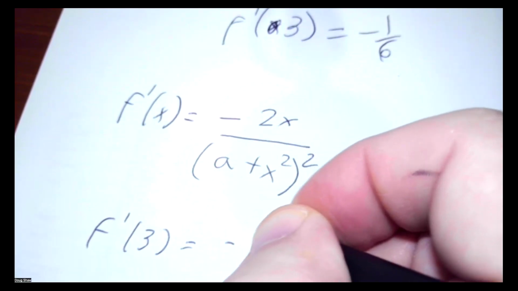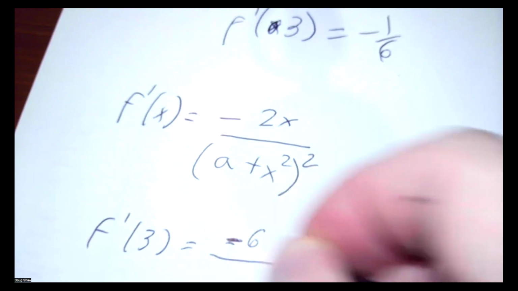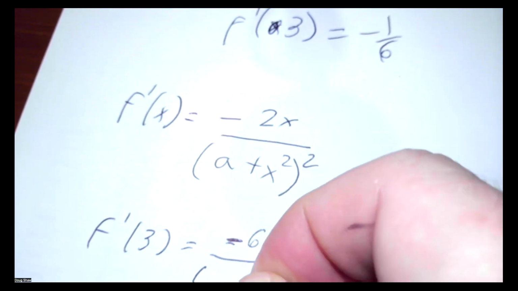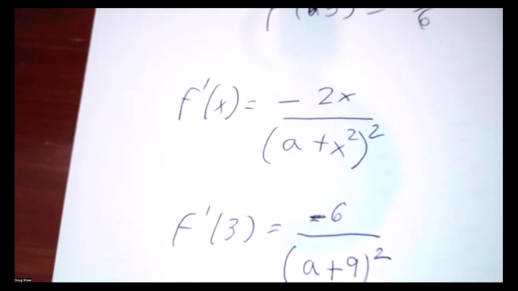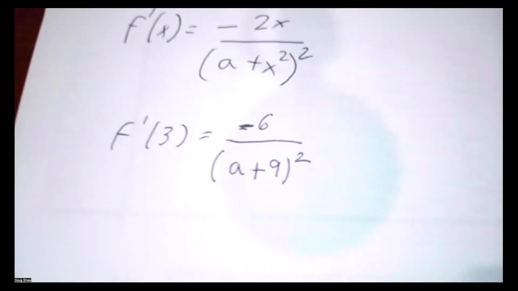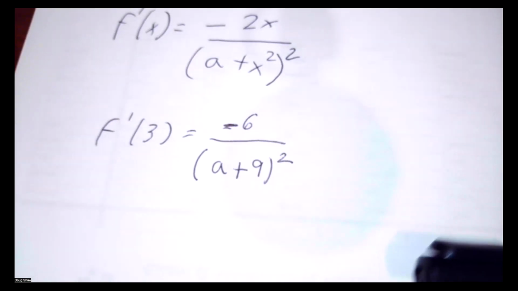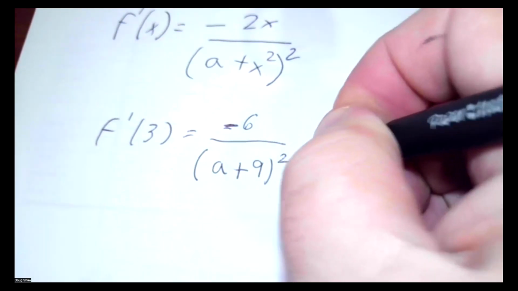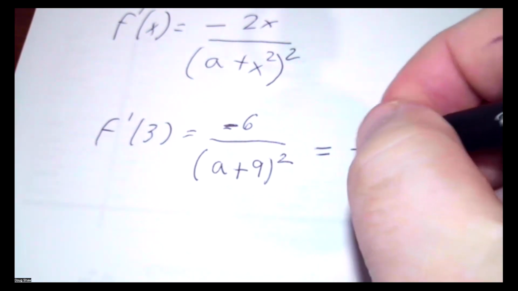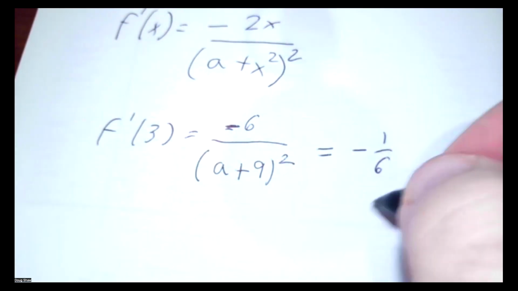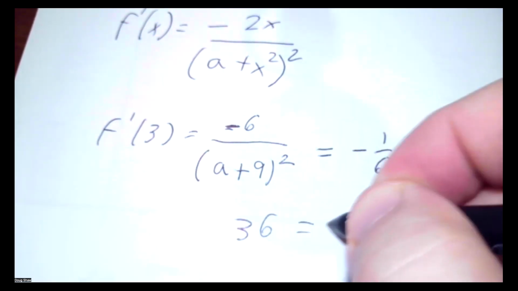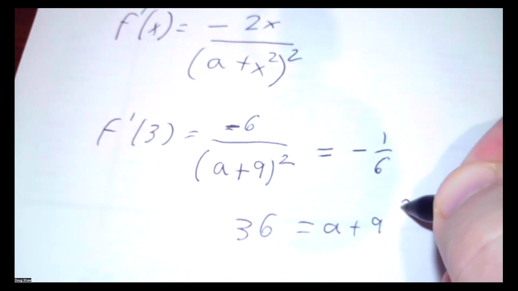So f prime of 3 equals negative 6 over (a plus 9) squared. So what I did there was I let x equal 3. And I want that to equal negative 1/6. So I get 36 equals (a plus 9) squared.